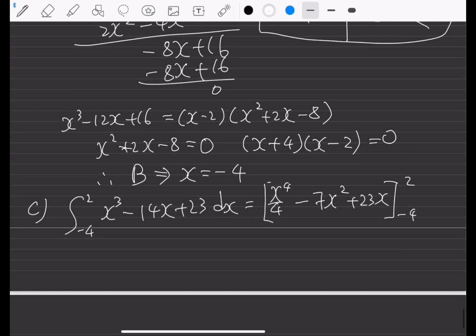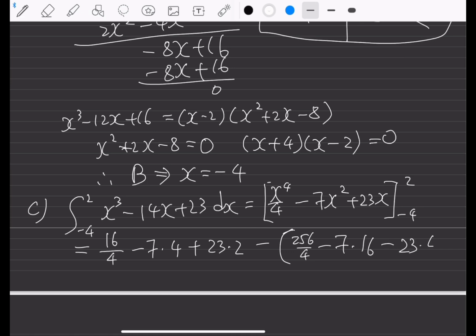So first we plug in x equals 2. That gives us 16 over 4, take away 7 times 4, and then plus 23 times 2. Then take away, because minus 4 to the power 4 gives us 256 over 4, take away 7 times 16, and then minus 23 times 4.